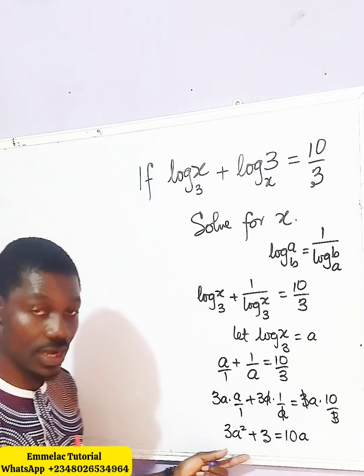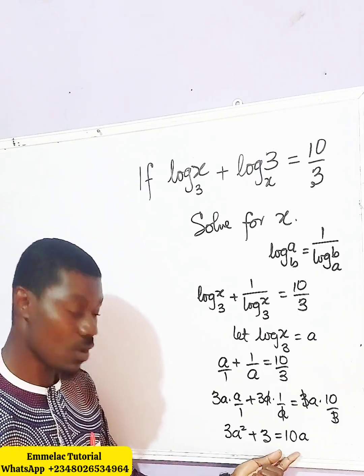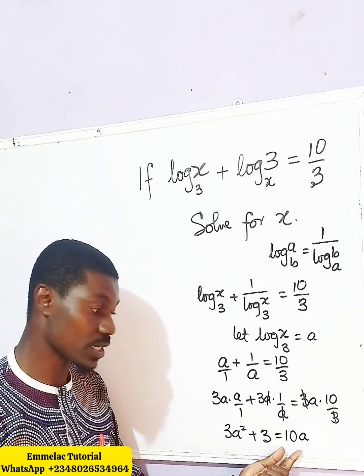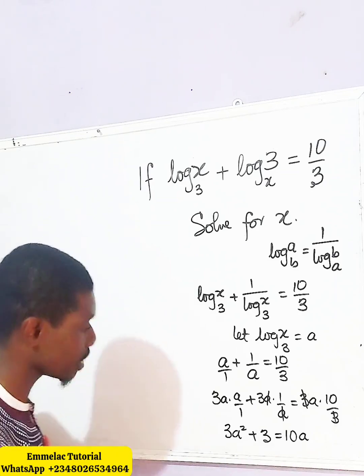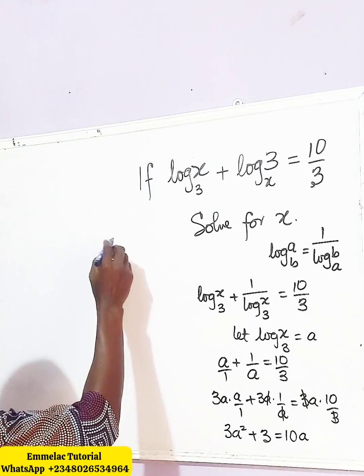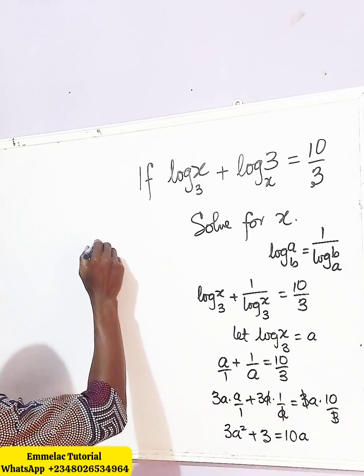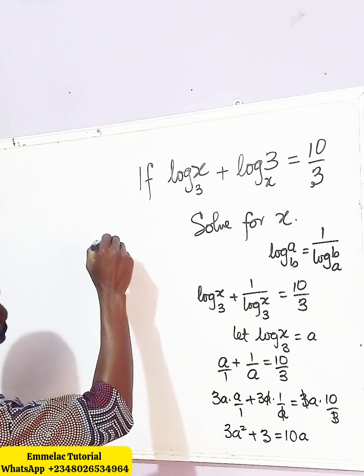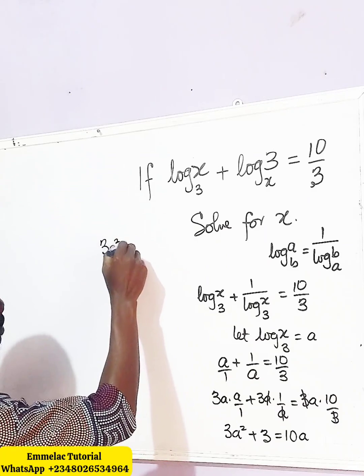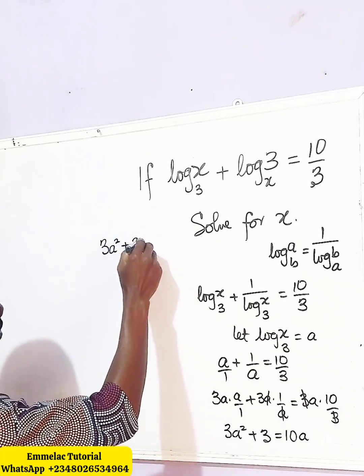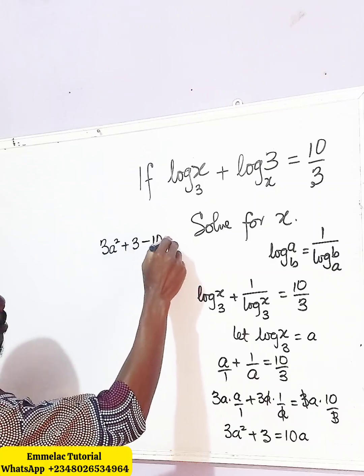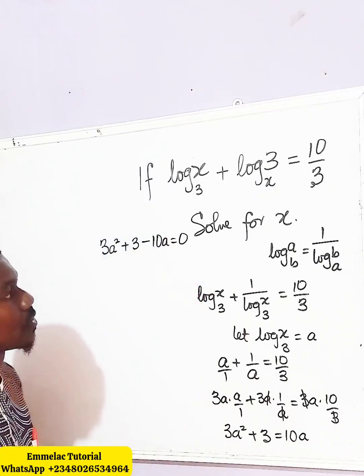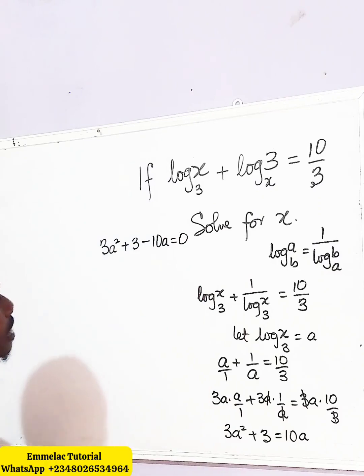We can rearrange this equation by subtracting 10a from both sides, so we have 3a squared plus 3 minus 10a equals 0.